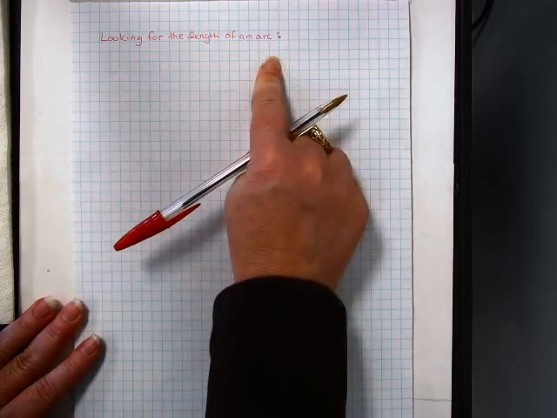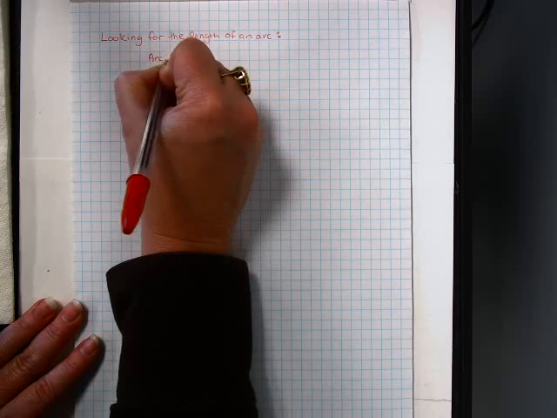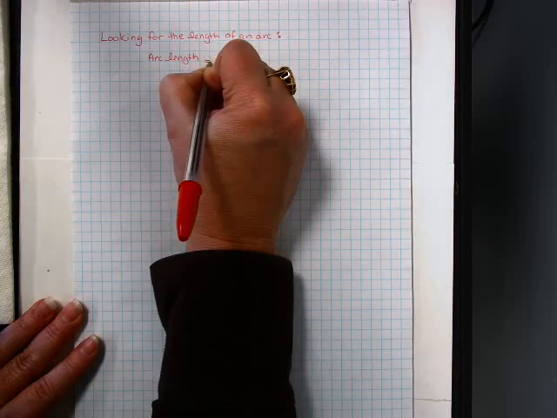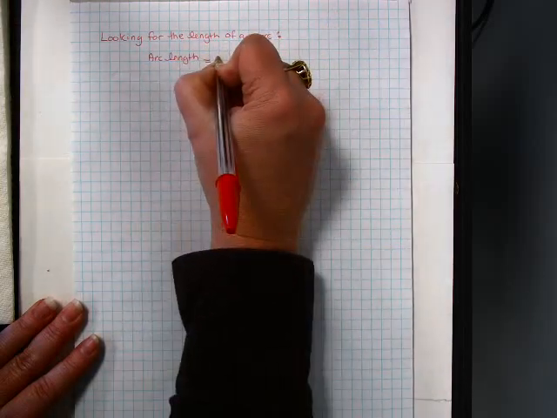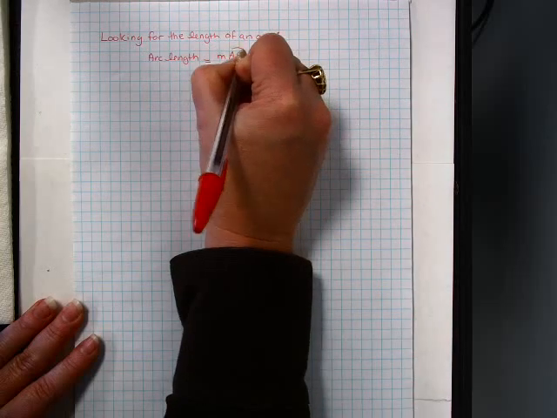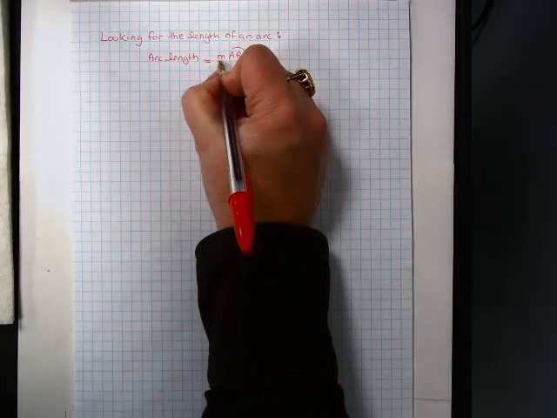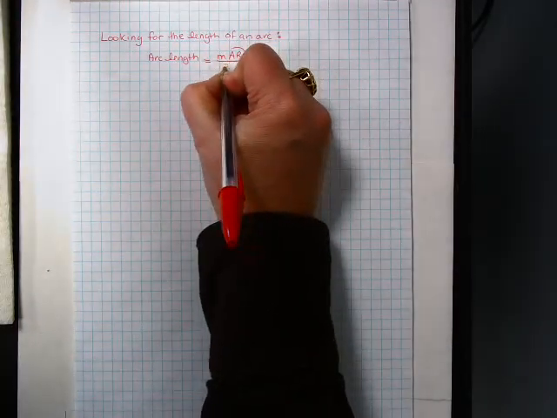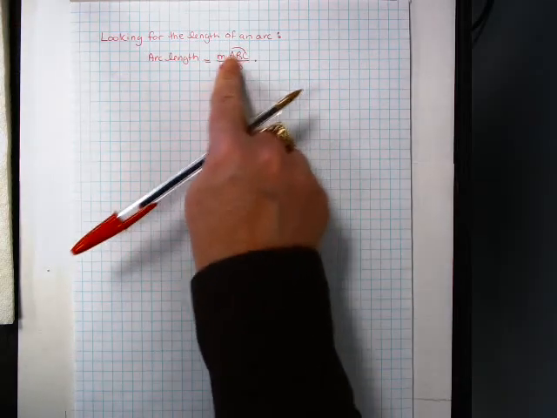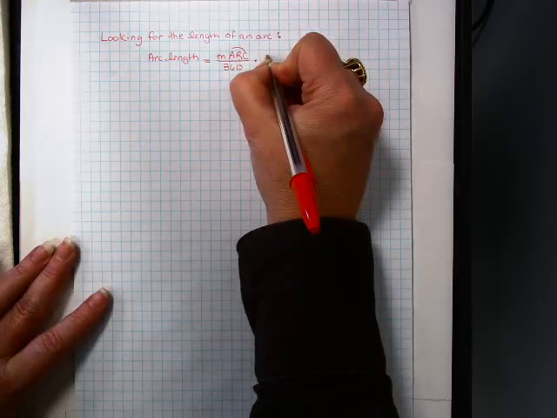When I'm looking for length of the arc, I'm going to start with arc length equals the measure of the arc over 360, because that'll give me my portion, and then I multiply that times the circumference, and I'm just going to put circumference over 1.